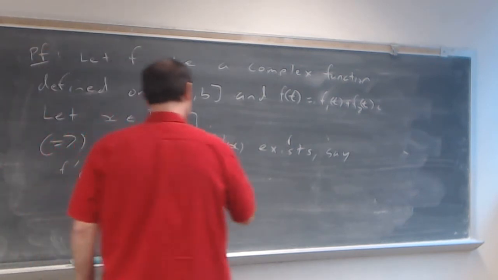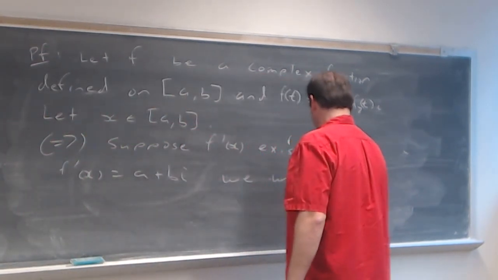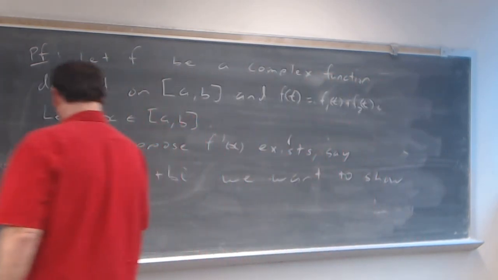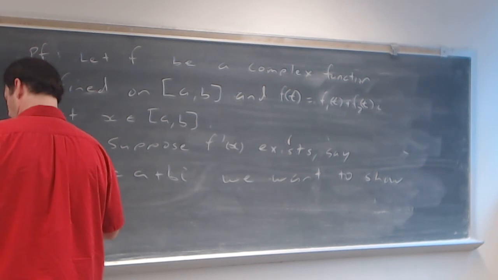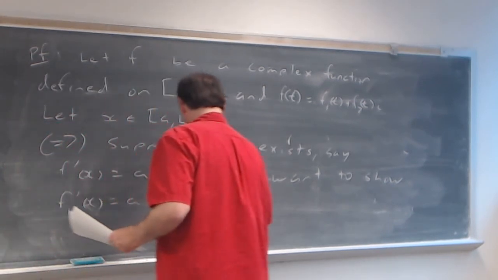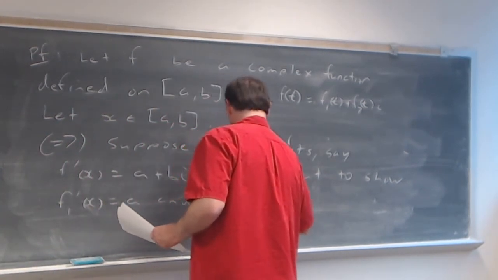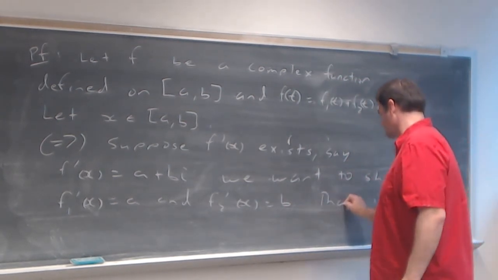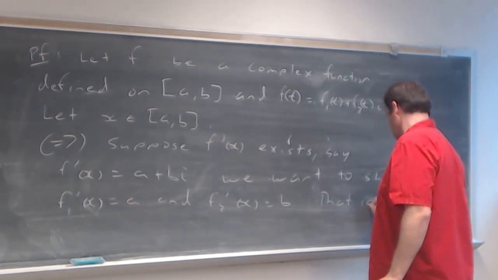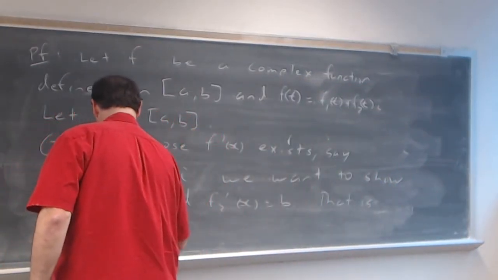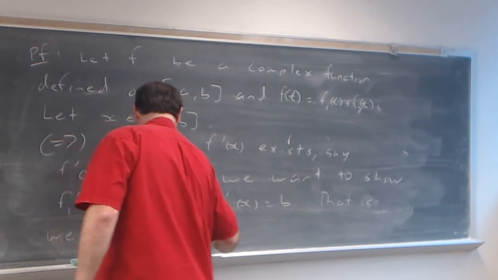We want to show that f sub 1 prime of x is equal to a and f sub 2 prime of x is equal to b. That is, we want to show both.